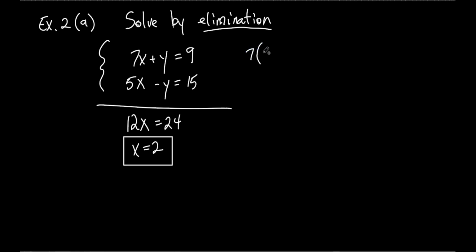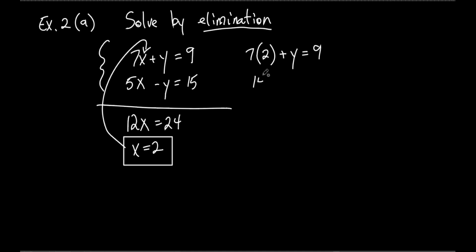So what do I got? 7 times 2 plus y equals 9. See what I'm doing? It's just a simple substitution in for either one of these. You're going to get the same exact answer, even though they're completely different numbers, no matter which one you put it in. If you don't believe me, try it. I'm not going to do it just for the sake of time.